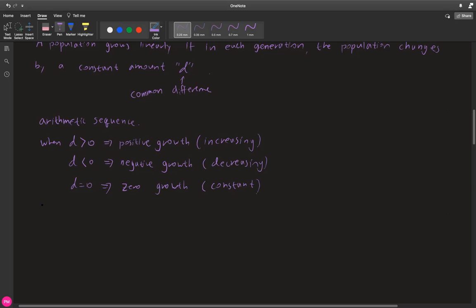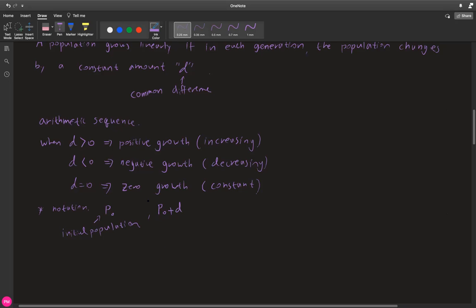So the notation would be, you start with P0, which in this case is the initial population. And you go over to P0 plus D. And now that's the population after one generation.